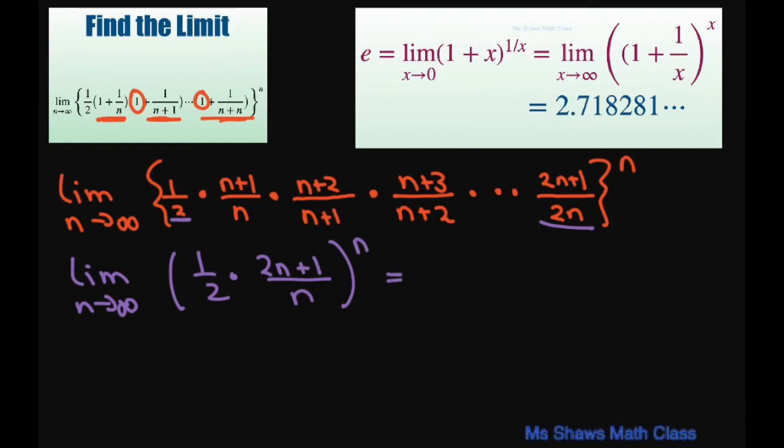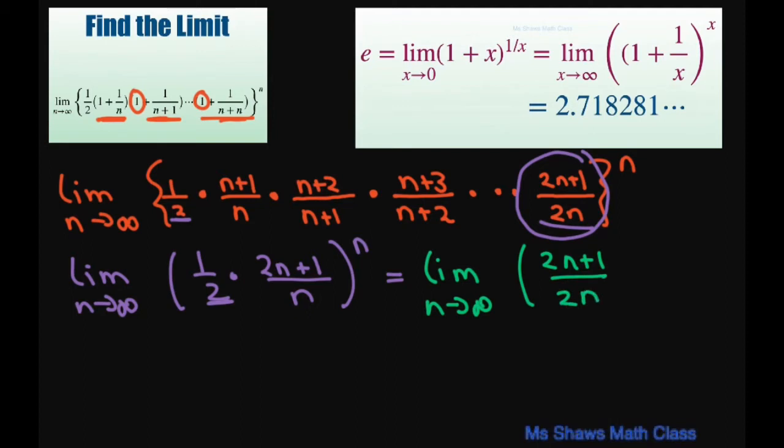And this is going to equal, and basically we're just taking the last one here and pulling out the 1/2. So that's going to actually just be the limit as n approaches infinity of (2n+1)/2n. So it's just this last term, as usual with sequences or series.